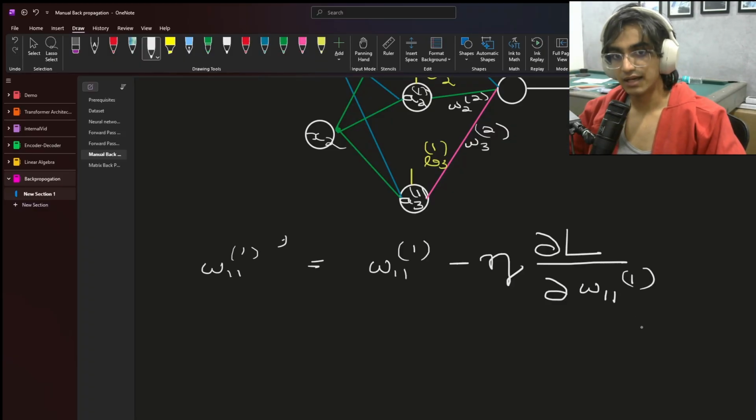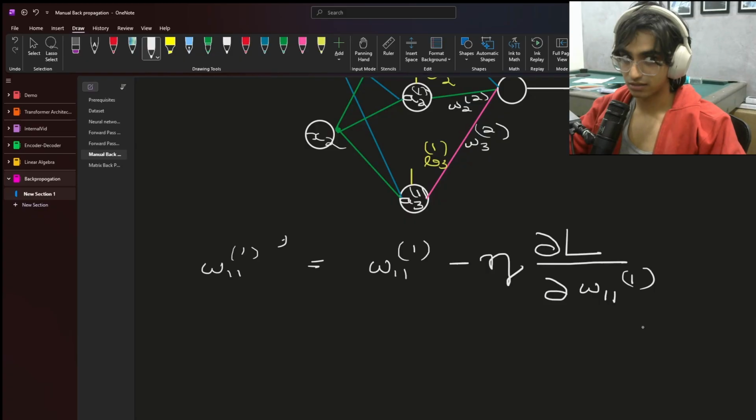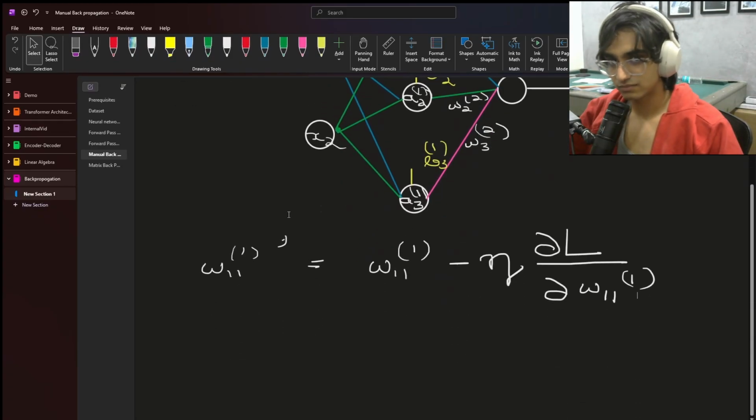So this is how it's updated, and you need to do this for every single weight. It's the same formula except the things get changed. W11 will be W12, so on and so forth.